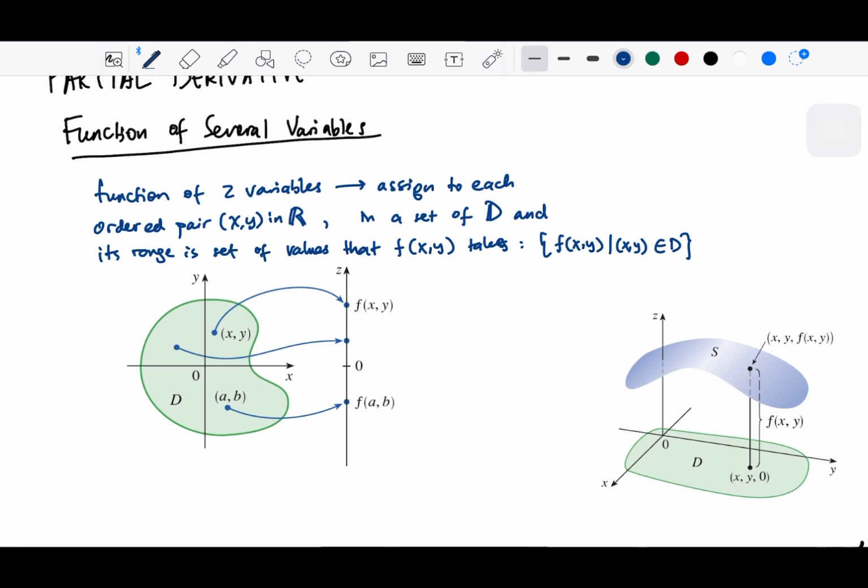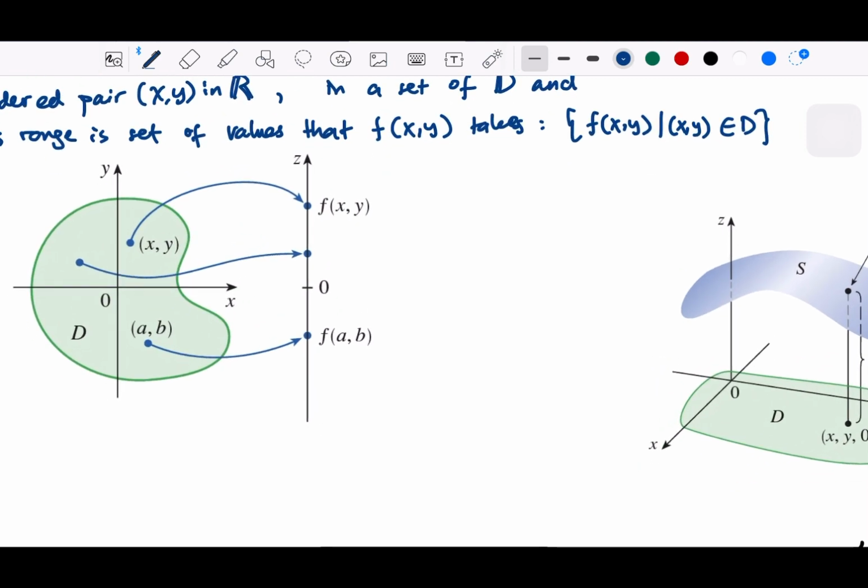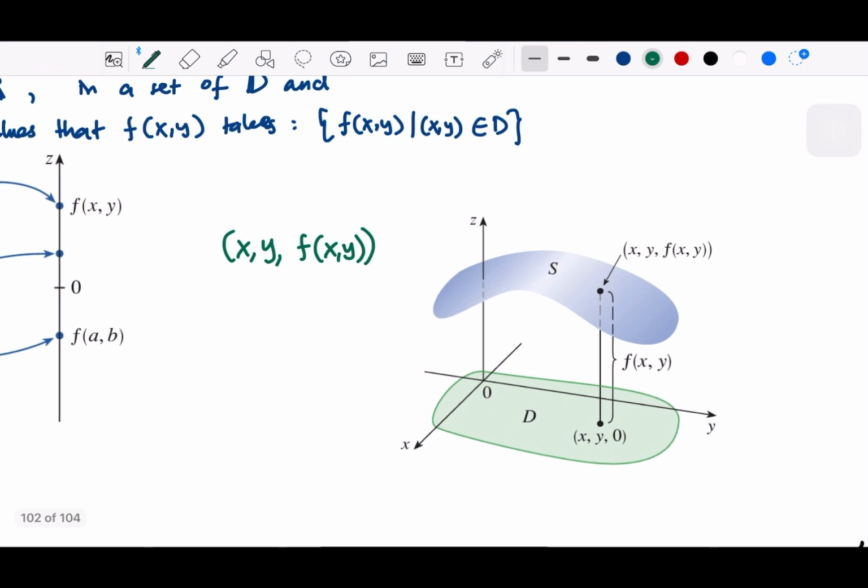And then if we are going to describe this, it is best to describe it in three dimensions, and then we can rewrite the points as x, y, and z. Z becomes the function itself. You get the result of f(x, y). So we can describe within this graph that this is our domain. So when we put x, y within this plane, this will be the result, and we have x, y, f(x, y).